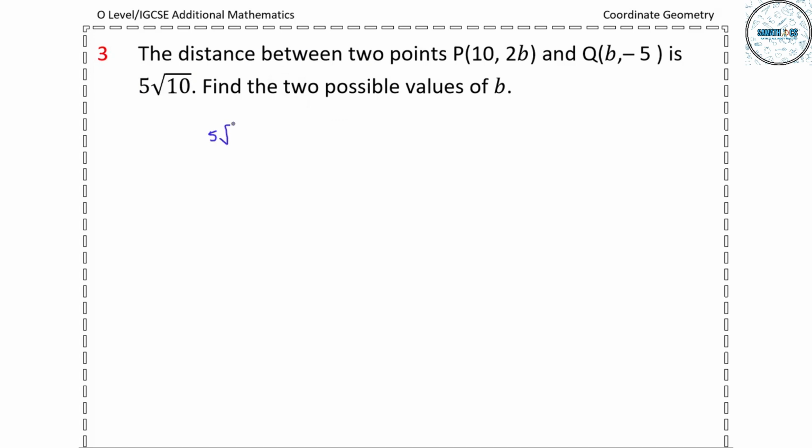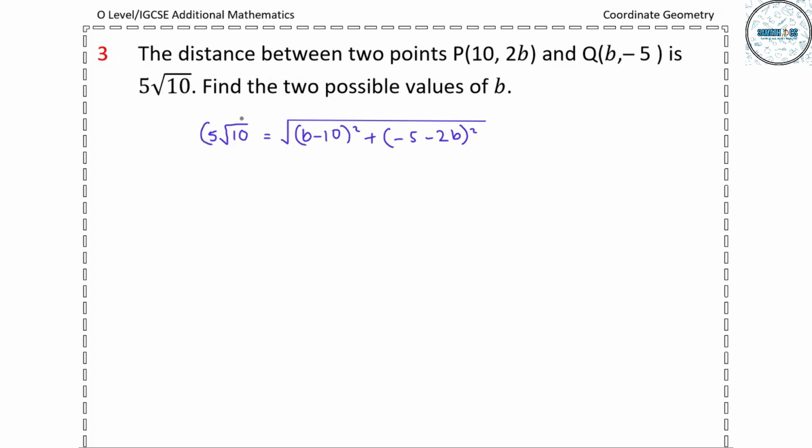So 5 under root 10 is equal to under root (b minus 10) whole square plus (minus 5 minus 2b) whole square. We have square root sign here and here, so remove the square root sign.